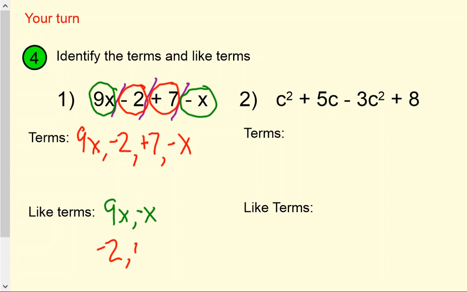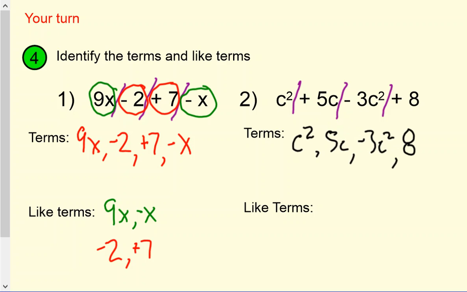So like terms for this expression are 9x and minus x, as well as minus 2 and plus 7. All right, for number 2, the terms: we have c squared, we have 5c, we have minus 3c squared, and we have 8. Now like terms.